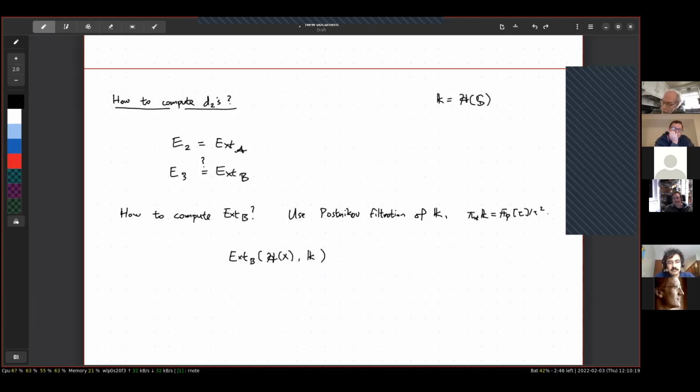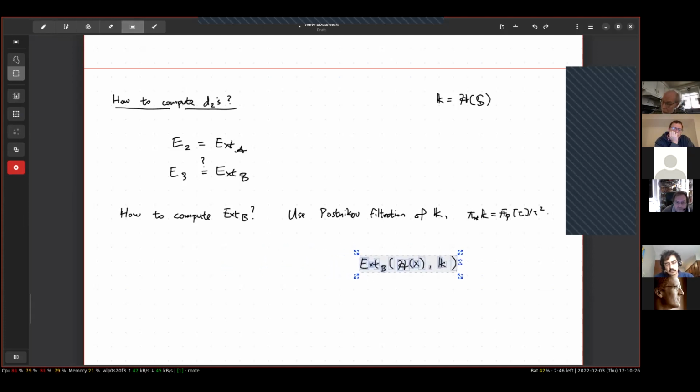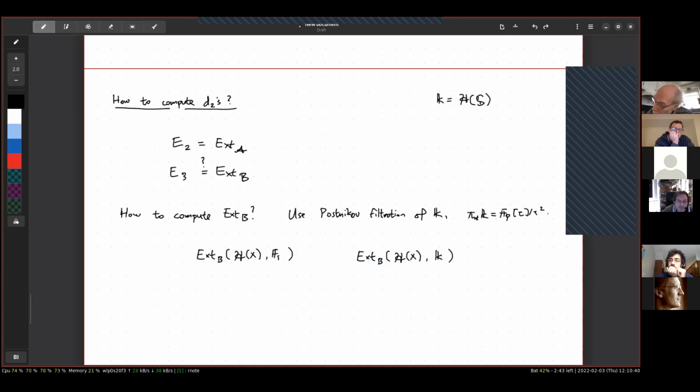So if you have the Postnikov filtration, we get this F_p adjoin tau mod tau squared converging to that. So there's a very standard spectral sequence you might want to use if you are just trying to compute things by hand. And we can look a bit more into the left-hand side.